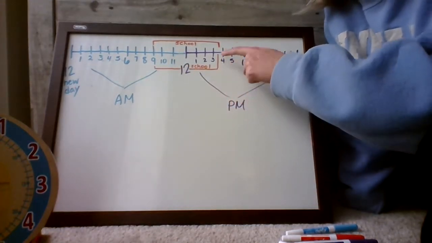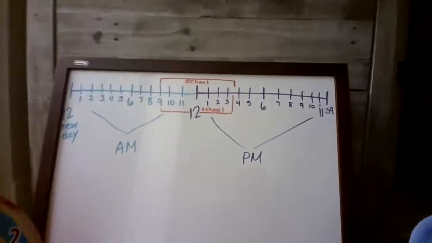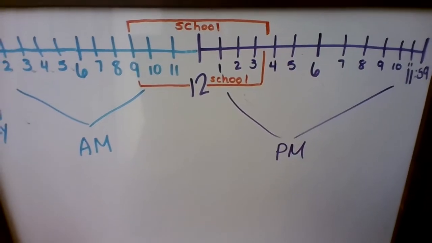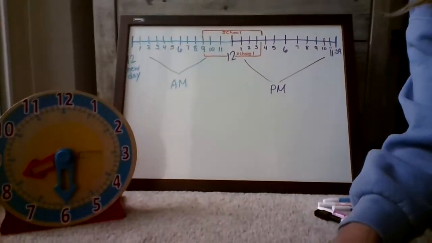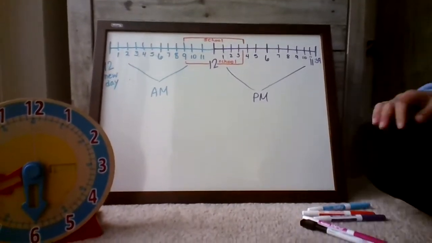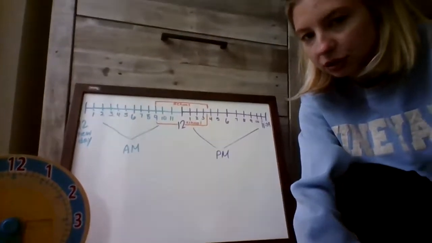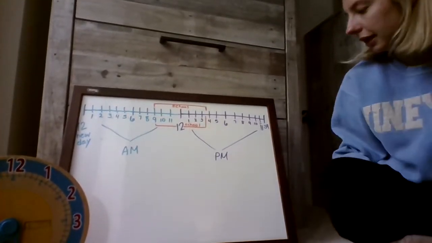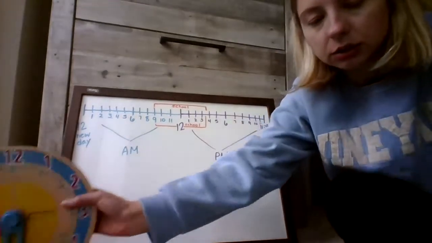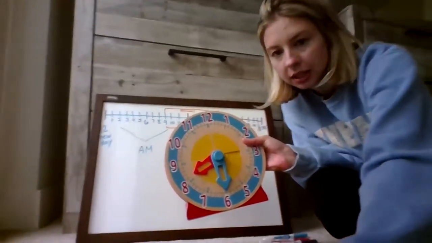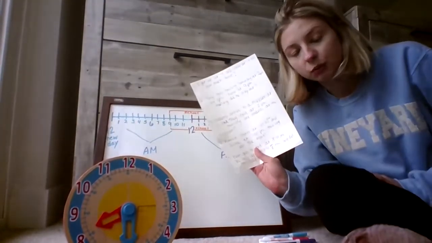Notice that I put my orange line in the middle of 3 and 4 because 3:30 is half an hour, 30 minutes, so it's in the middle of 3 and 4. And the purple is PM, after midday, and it goes all the way until nighttime. I also have my clock ready, and I also have a lot of word problems.